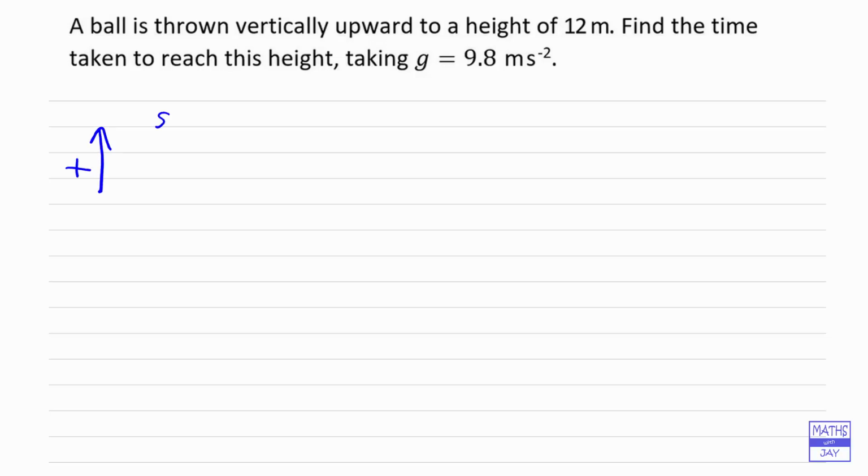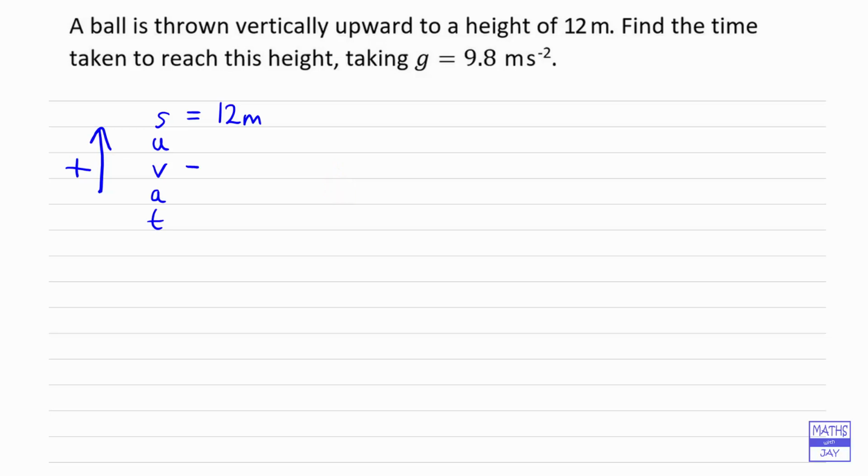And then let's have a look at the variables involved. So we've got a displacement of 12 meters. Now in this case, we don't know the initial velocity, but we do know the final velocity because we know that the ball is thrown up and it reaches a height of 12 meters, and when it gets to that height it stops moving for a moment before it starts coming down again.